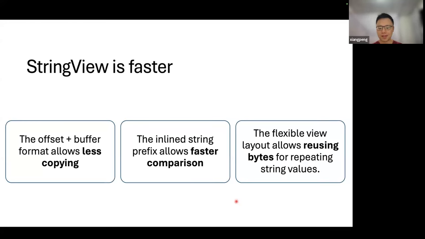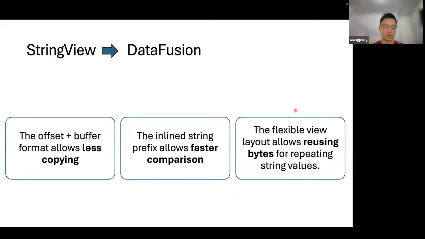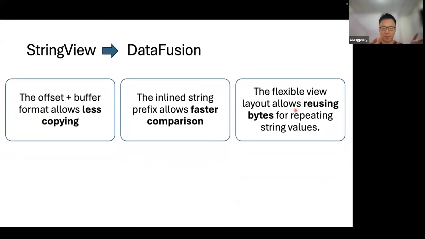And the last part is that the flexible layout allows reusing bytes for repeating string values. As we discussed before, most of the work is integrating StringView into DataFusion, where we apply those 3 aspects to actual DataFusion semantics.